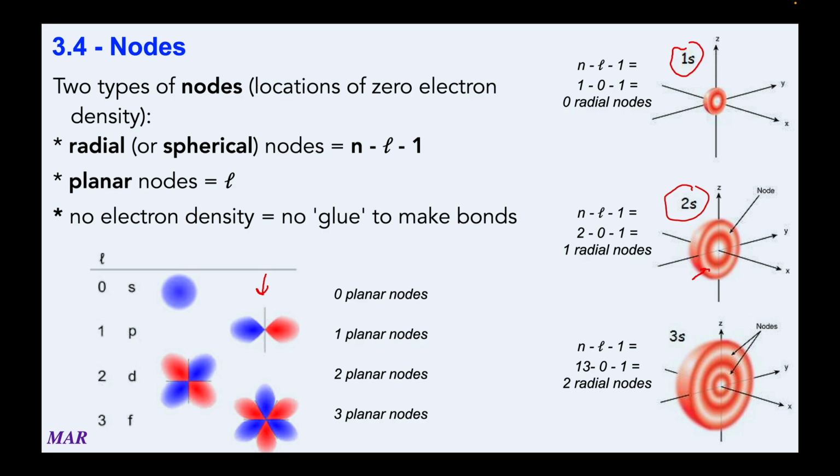There's an area between the left and the right parts of the figure eight where there's no electron density, so you're not going to make any bonds right there. Likewise, d means L equals 2, so you'll have two sheets of glass separating those parts out. L equals 3, 3 planar nodes, etc. So again, nodes are important because there's no electron density to make bonds. That can be important when you get to certain concepts when making molecules.